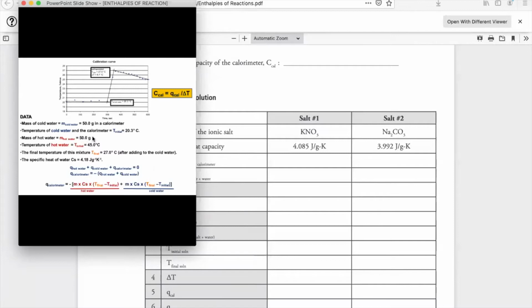So for salt number one, this is the specific heat. Mass of the solution, all right, mass of the solution you will account for.